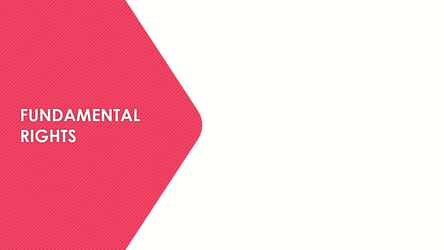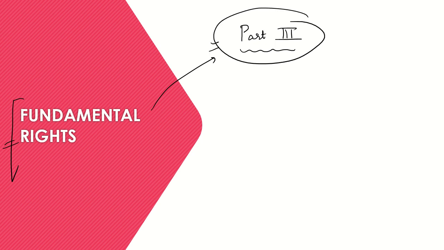Amongst all the provisions in the Constitution, I would like to draw your attention towards fundamental rights. Fundamental rights are contained in Part 3 of the Constitution. Part 3, you can call it like a chapter, contains the articles starting from Article 12 to Article 35.